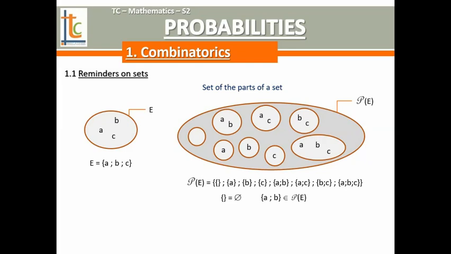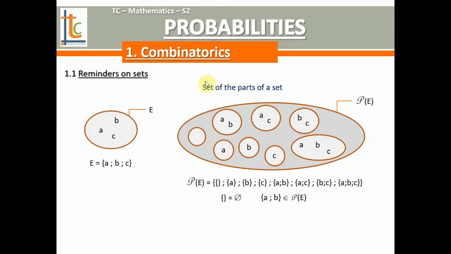Because if the initial set E contains n elements, P of E always contains 2 to the power of n elements, and 2 to the power of 3 equals 8. So if my set E contained 5 elements, the set P of E would contain 2 to the power of 5 equals 32 elements.